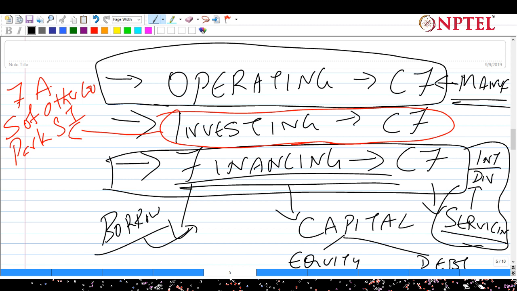Some textbooks, let me make that very clear, could possibly treat it as a cash flow from an operating activity, because purely the money is getting used for operations. But strictly, a working capital loan is a borrowing. You might be using it for operations.